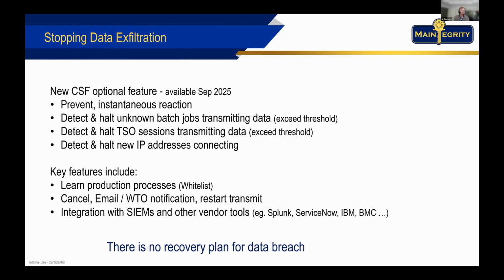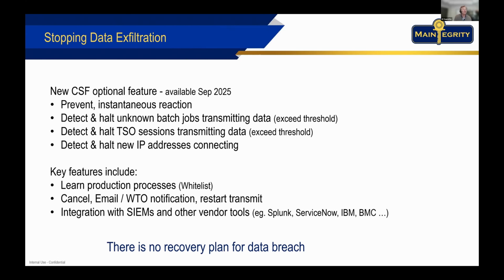In some cases, it may actually require you to react to a very slow moving attack where they're stealing one record at a time. But it is ultra important that you can verify from the network environment when data is moving off your mainframe. And we do that by asking the network to keep an eye on all of the attachments that are in place.